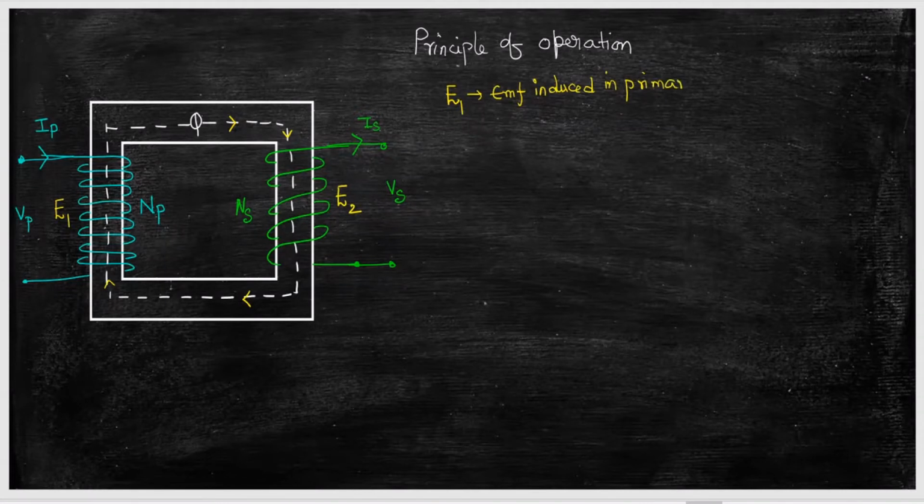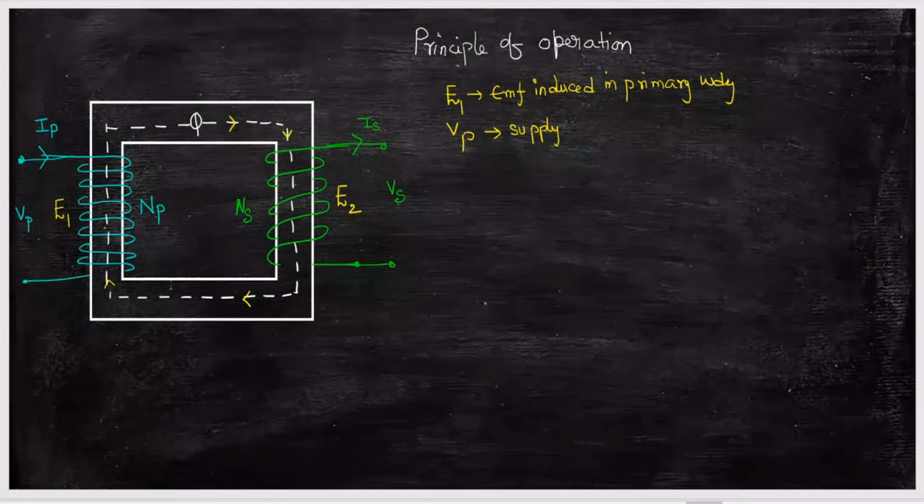Now there is a difference between VP and E1. What is VP? VP is the supply voltage or primary side voltage, the voltage which you are supplying to this transformer. And what is VS?